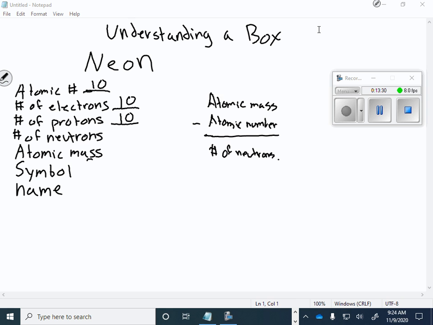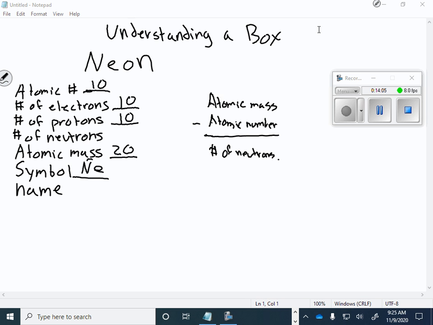I heard 20, right? So the atomic mass of neon is going to be 20, because the number on the bottom there says 20.180. The 0.1 is closest to 20, so we're going to round down to 20. Okay? And then what's our symbol for neon? Go ahead, Braylon. Ne, yeah. Ne.